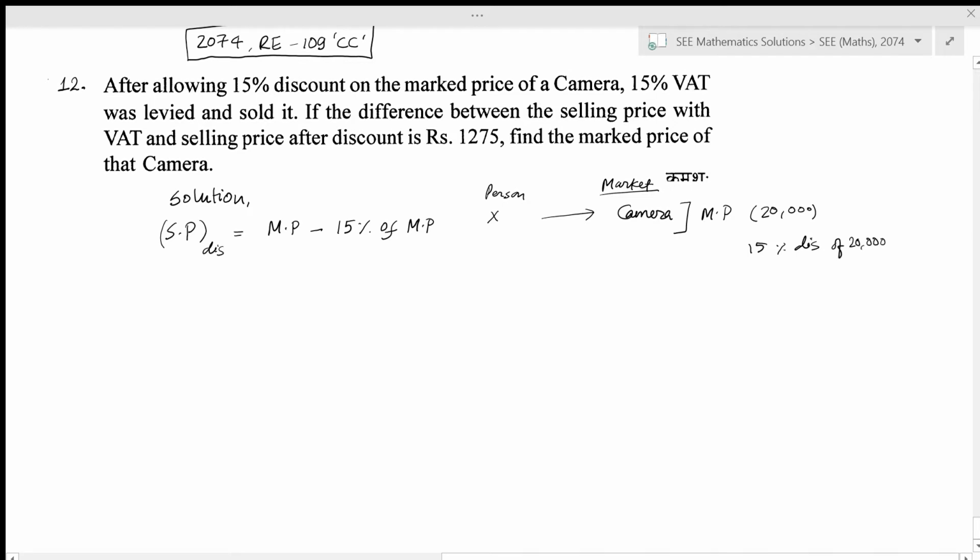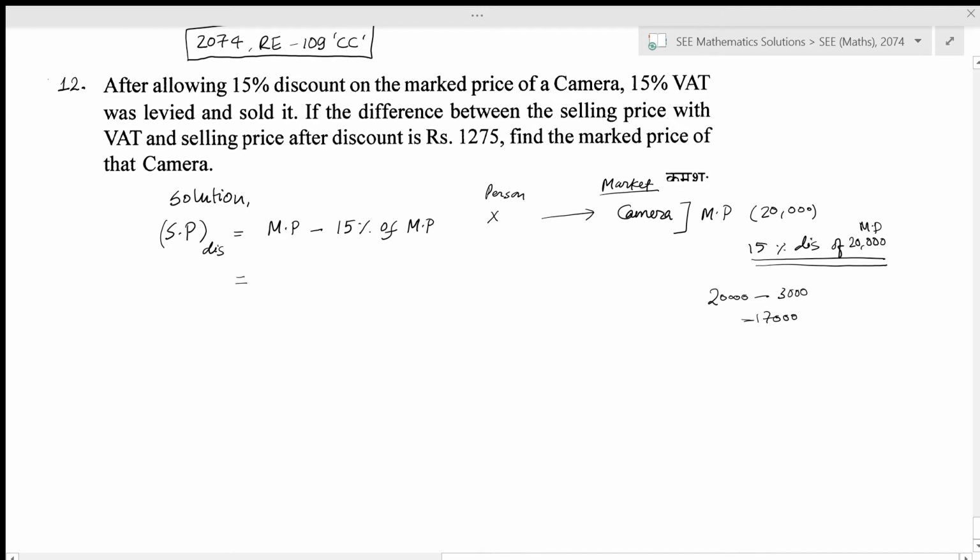This is MP, that's where the formula came from. The total price that person X has to pay is 20,000 minus the discount amount, which is 15 times 2, that is 3,000. So he has to pay 17,000 after discount.